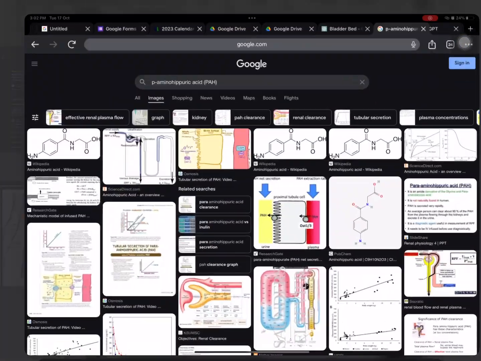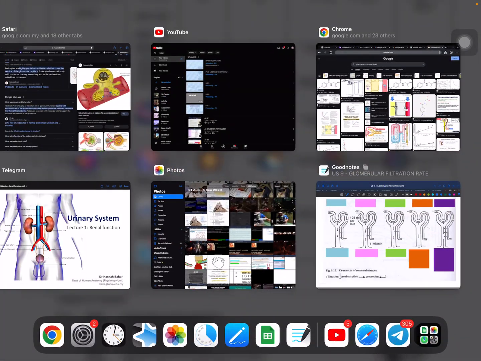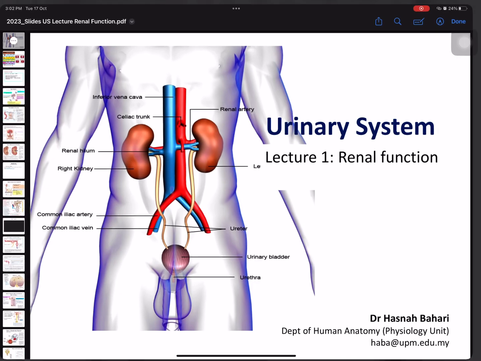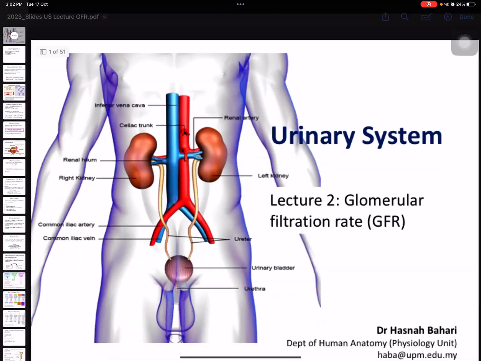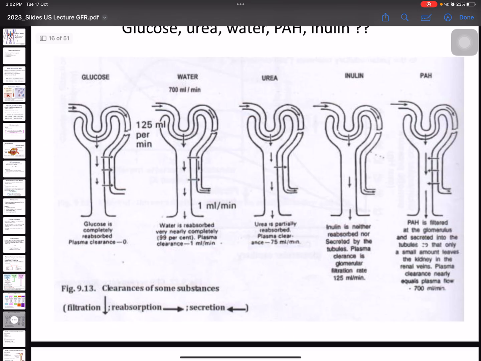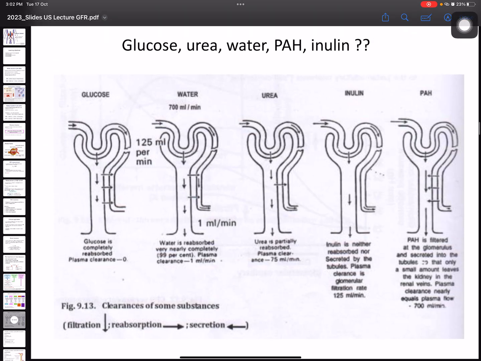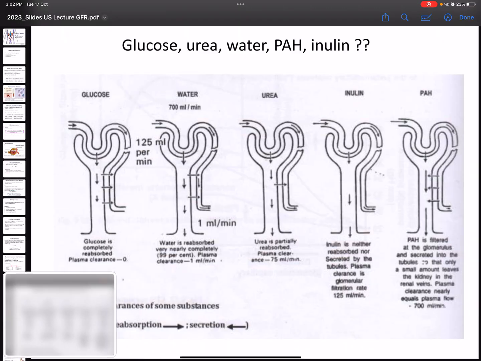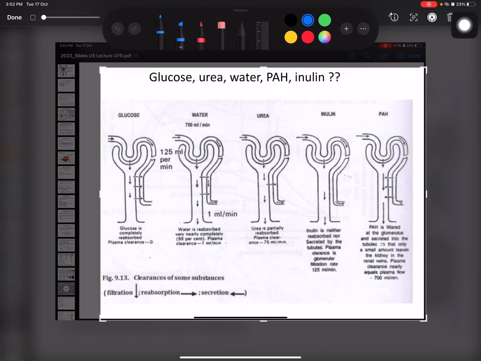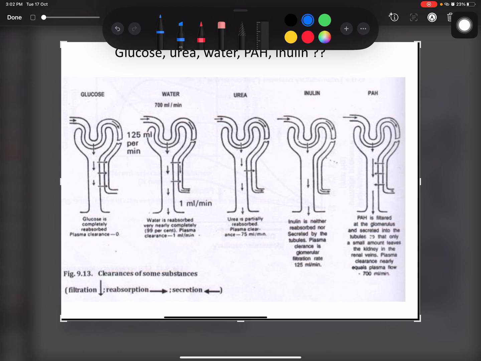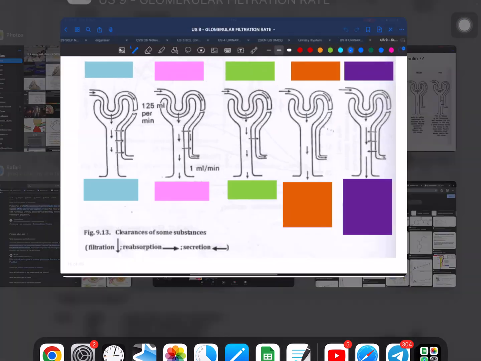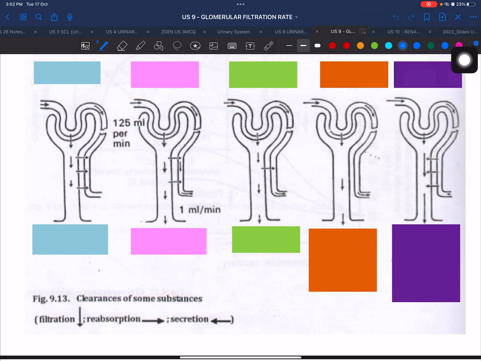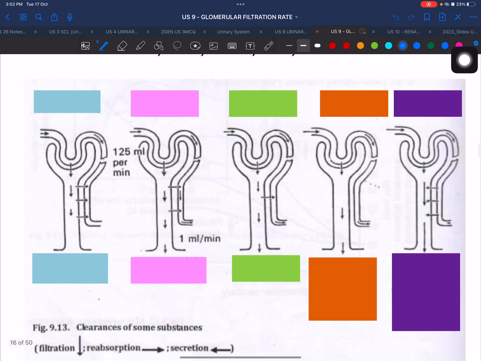So this is the Bowman's capsule, the tubule, and then the blood capillaries back. So they are reabsorbed, and we can say that glucose is completely reabsorbed. So the clearance is 0. There is nothing to be cleared, excreted. So when you look at the water, it is filtered, but some is reabsorbed and some is excreted.